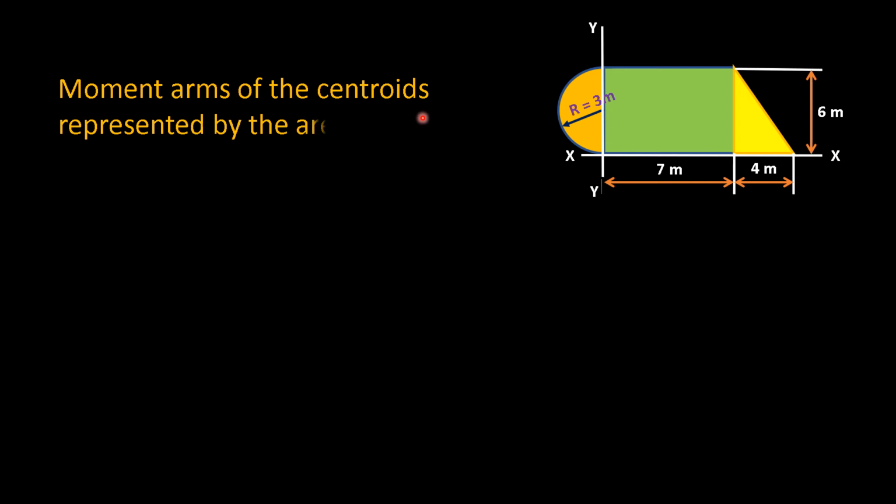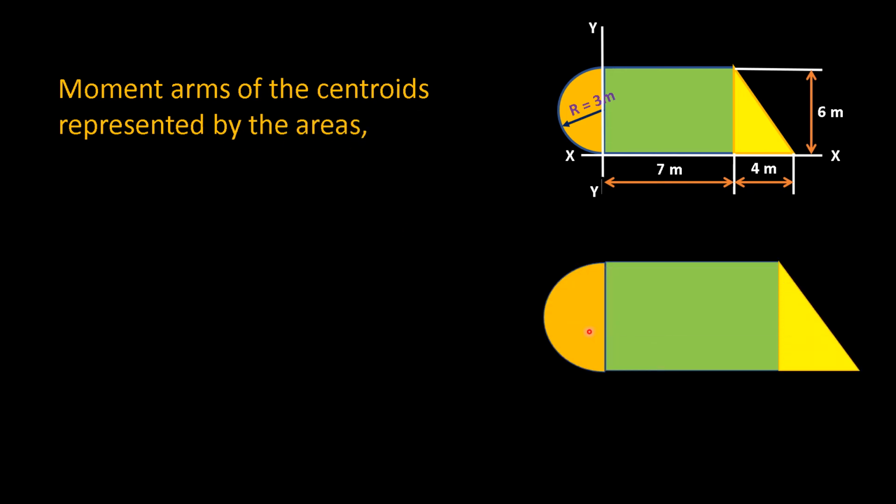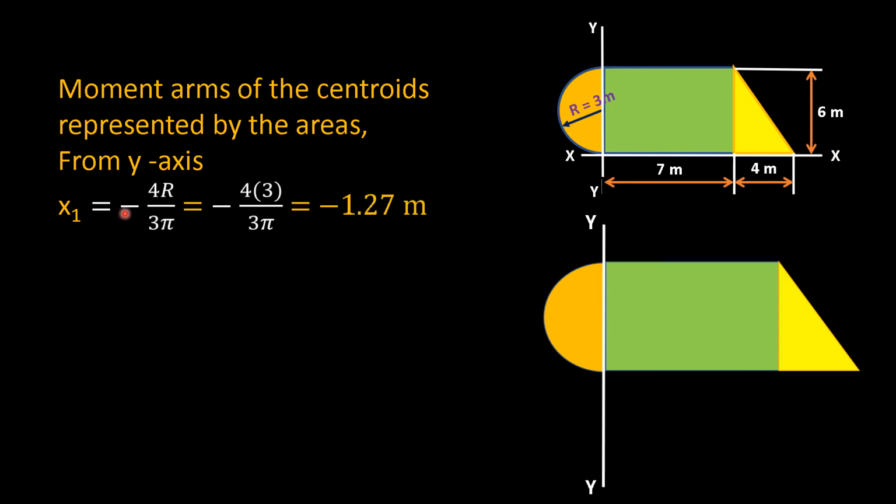Moment arms of the centroids represented by the areas from y-axis. x1 equals minus 4r divided by 3 pi, which equals minus 4 multiplied by 3 divided by 3 pi. Here r is 3, which is minus 1.27 meter.